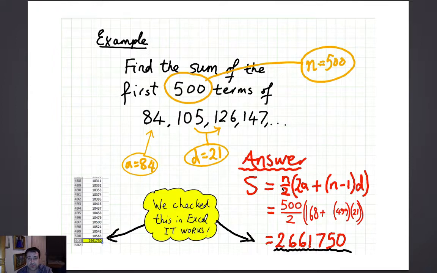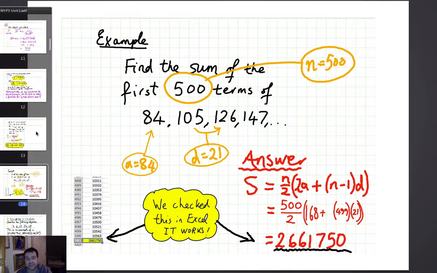S equals n over 2 brackets 2a plus n minus 1 d. And it comes out to be 2,661,750. And then we actually did a spreadsheet with 500 terms calculated and added them all up, and that did indeed verify that.